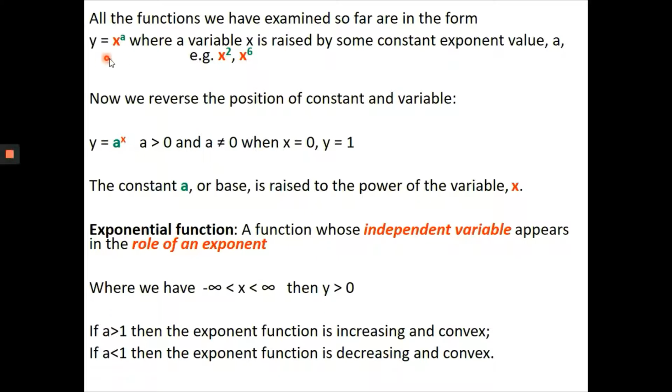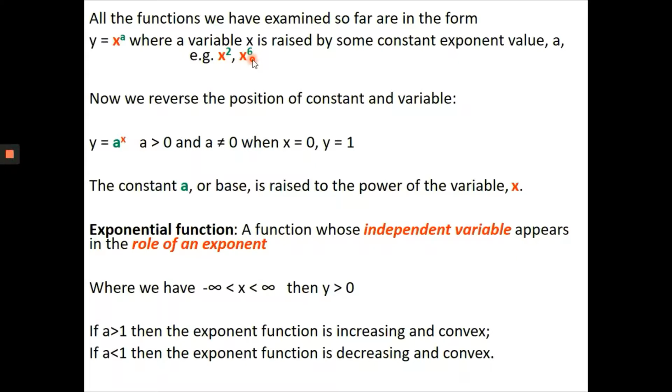So starting with exponential functions, all the functions we've examined so far have taken this form here. For example, y equals x to the power of a. So we have a variable x, which is raised by some constant exponent value, for example, a. So we would have seen things like x squared or x to the power of 6.